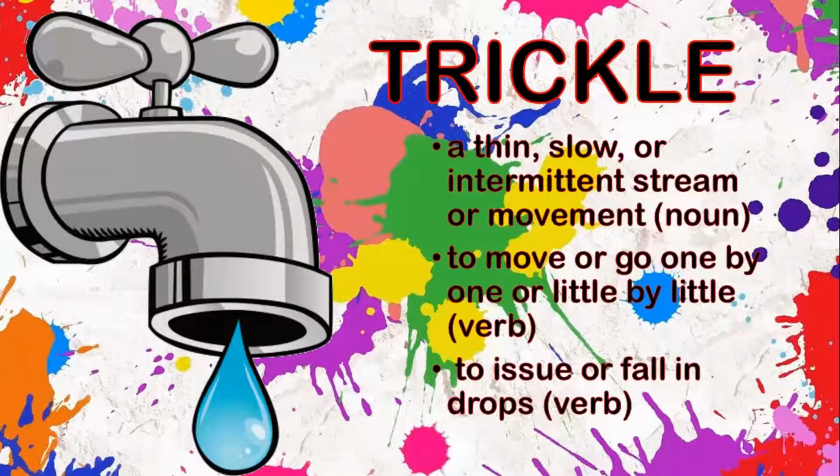The last one is to issue or fall in drops, and it will also be a verb. So it's very important to note that words have no specific meaning unless they're used in a particular context. Based on how trickle is used in a sentence, we can determine which of the three dictionary definitions we can apply to the word.